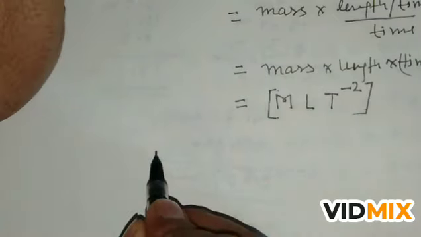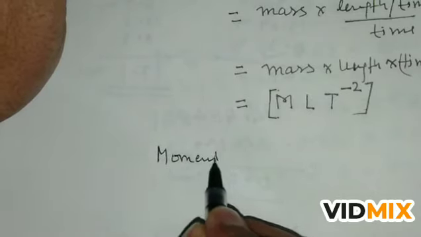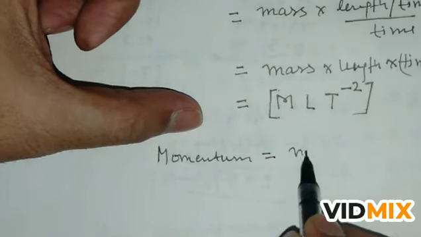Suppose I have to write the dimension of momentum. Now you know what is momentum. Momentum is mass into velocity.